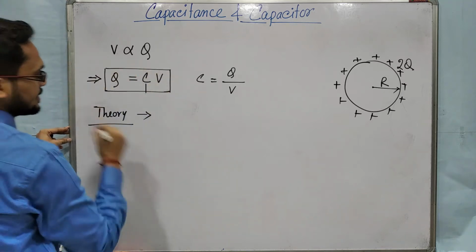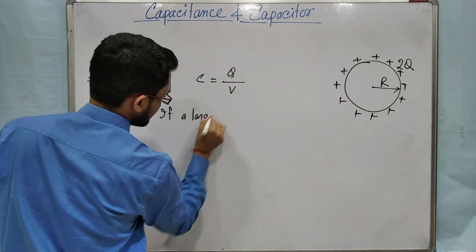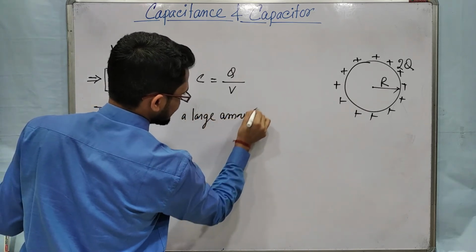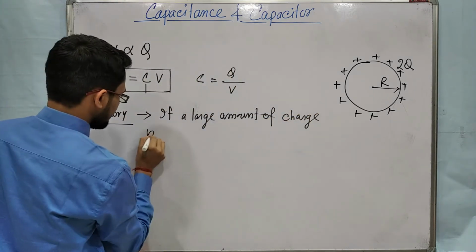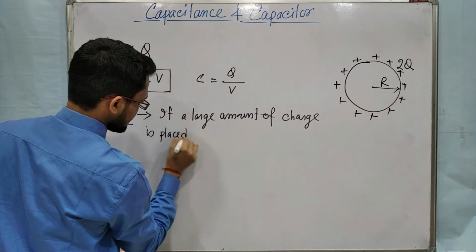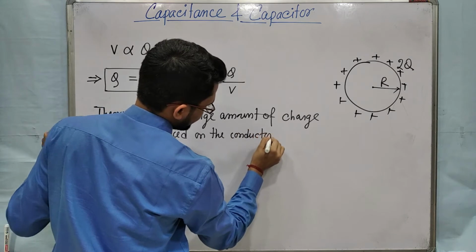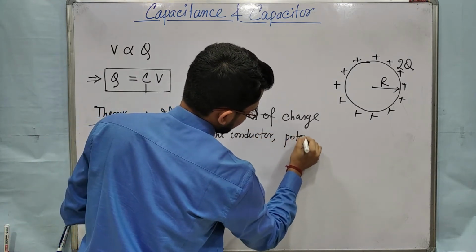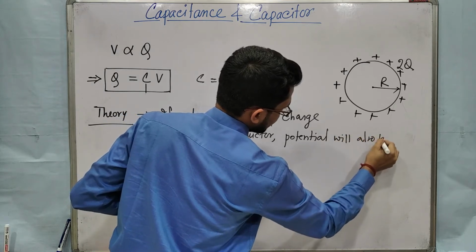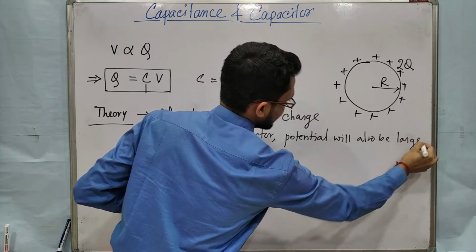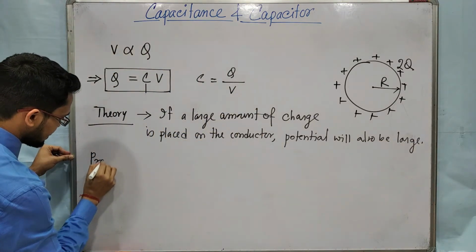This equation tells that if a large amount of charge is placed on the conductor, potential will also be large, directly proportional. But practically or experimentally, what happens?